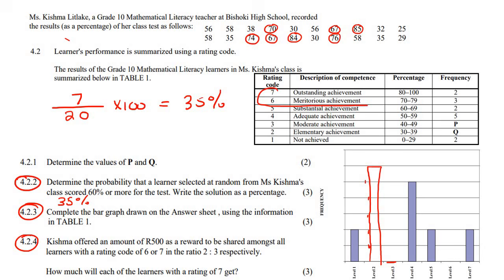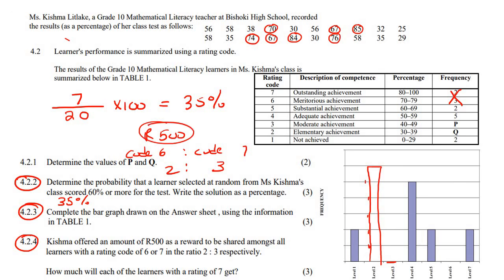So they're looking over here. Now they're going to split the 500 Rand into code 6 and code 7s. But the code 7s are going to receive more money because they're going to get a ratio of 3 to 2. That's got nothing to do with this 3 and 2. That's got to do with this 3 and 2.